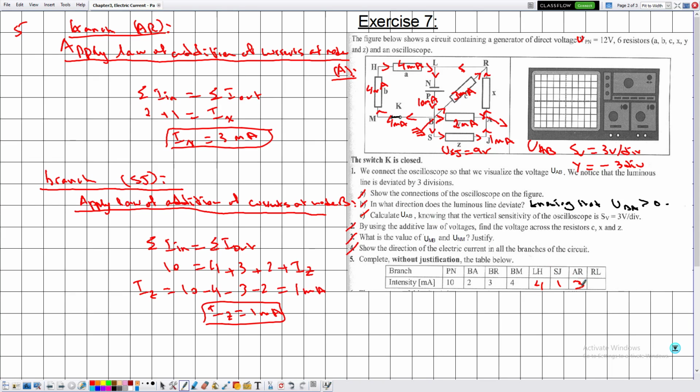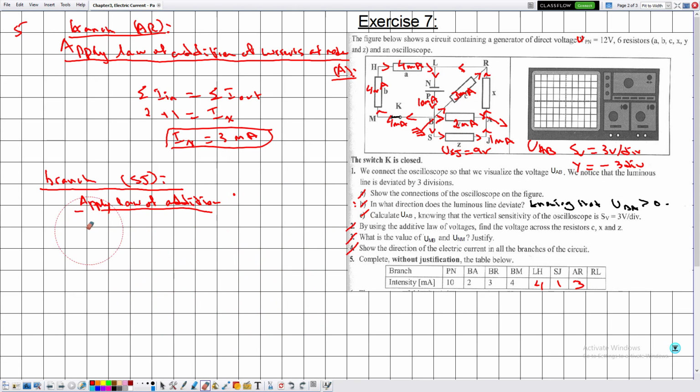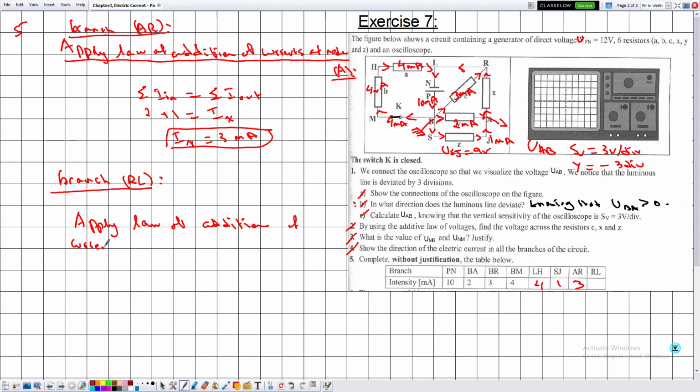So this is 3. Now finally, as for branch RL, apply the law of addition of currents at a node.